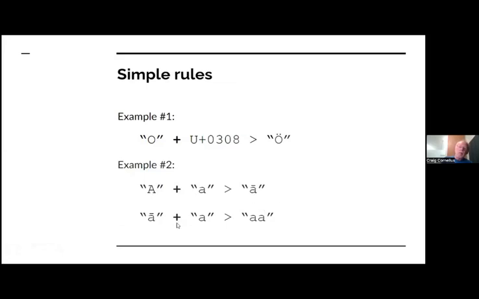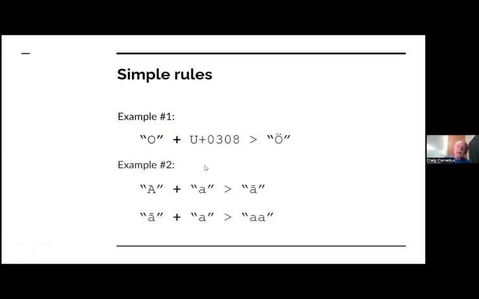And then add one more rule that says if we already have an A with a macron over it, and we add another A here, make a double A. So these rules all have the same parts: the context text, a new input character, and a result.